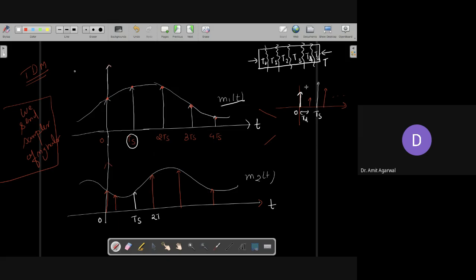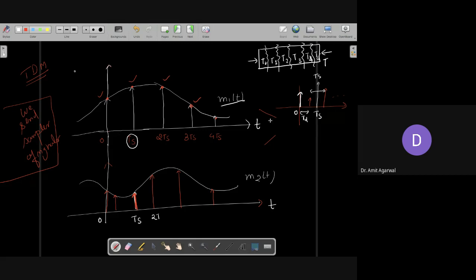Okay, and though the sample duration is the same, you are also having the same sample duration for this message signal, but because there is a time gap between them, right? So you first send this sample, then you send this sample, then you send this sample, but there is a time gap you have, so you can utilize that time gap and you can send some other signal over this time interval.